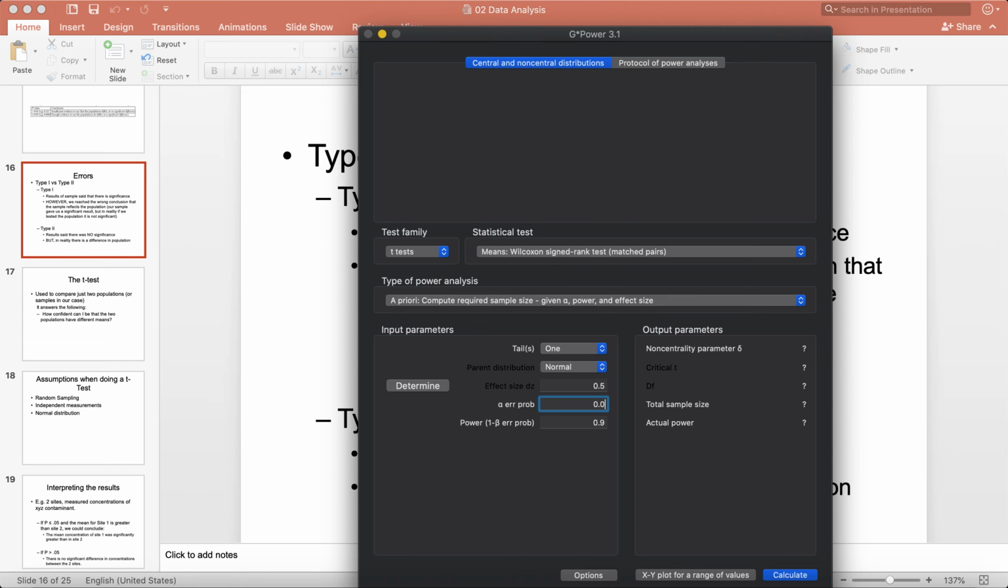If we make this 0.01, so a lower probability that the null hypothesis would show up in our study, and a strong power. Take a look at our sample size. So basically what that says is the higher the sample size, if I've got 58 or more, I can say that my alpha p-value can be 0.01 or lower, and if my power is 0.9, that's a strong power, right?